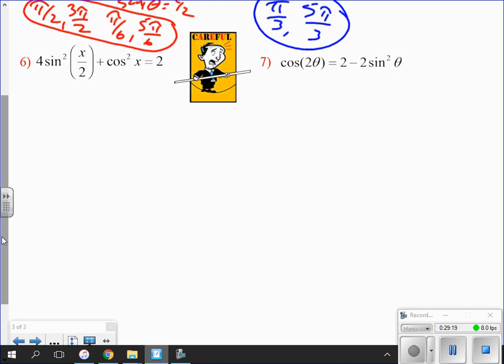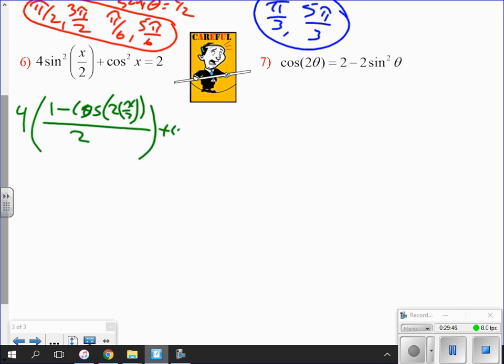That's exactly what I'm getting at. Because if we do that for the sine squared, we have the 4 out in front, and then the power reducing formula is 1, what is it, minus or plus? Minus cosine of 2 times x over 2, plus cosine squared x equals 2.